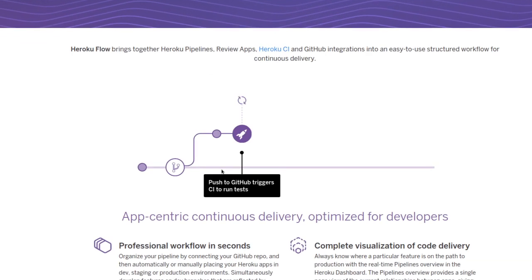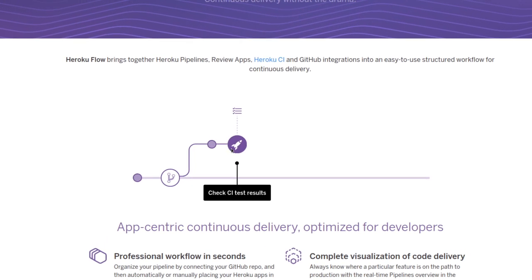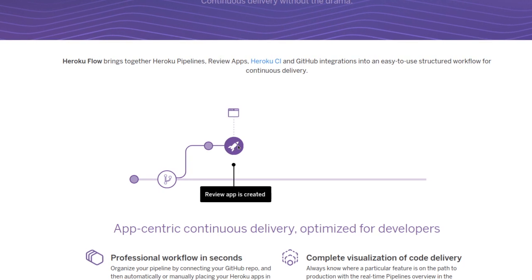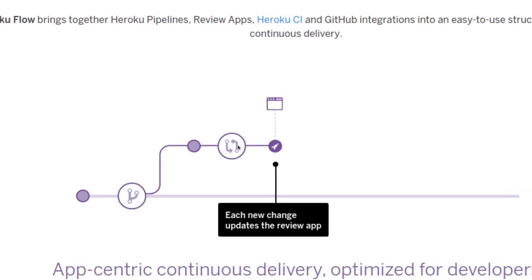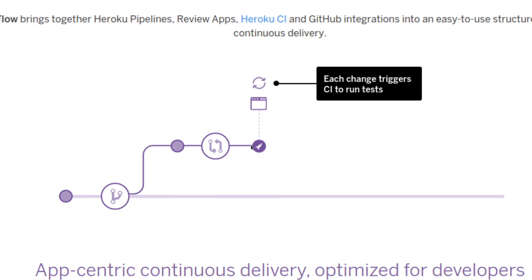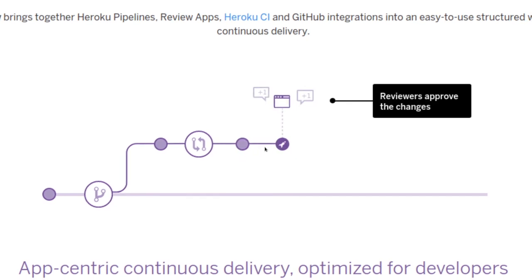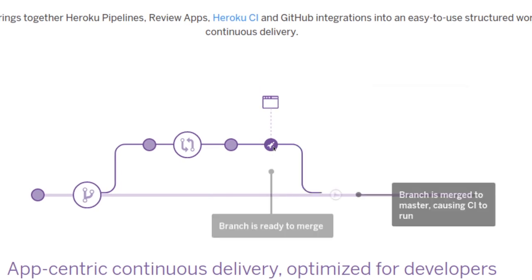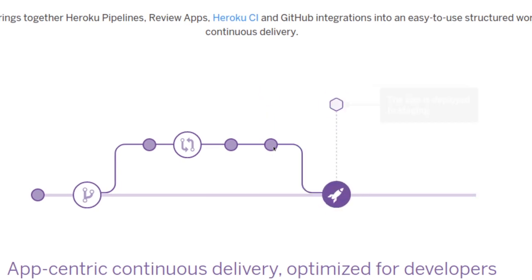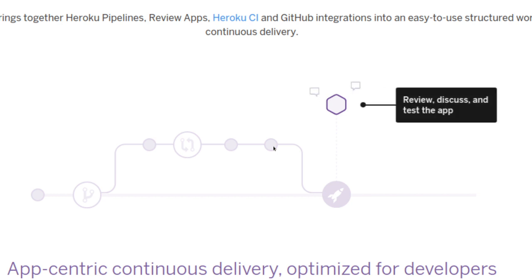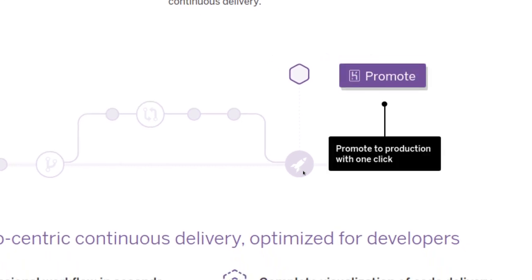So we can see how it's fitting in. We've made a push, and now the CI tool is testing it. And only when everything's approved, all the tests are passed, only then does it get actually incorporated into your main production branch.